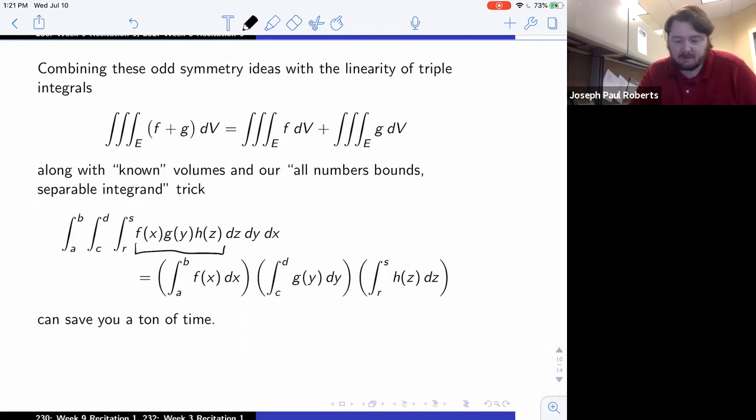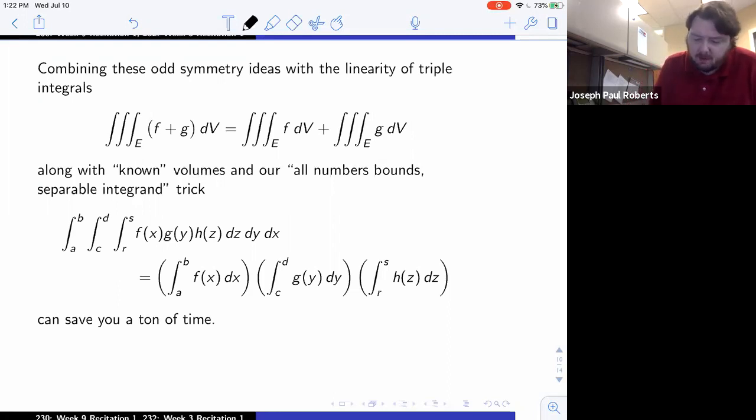Combining all these ideas together could save you a ton of time. So I think the rest of what I had planned today was just a couple of examples using odd symmetry, the integral of a sum is the sum of the integrals, known volumes, as well as all numbers bounds, separable integrand.